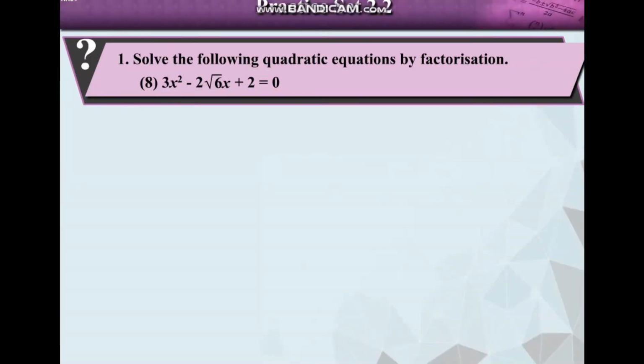8. 3x square minus 2 root 6x plus 2 is equal to 0. Solution: 3x square minus 2 root 6x plus 2 is equal to 0.